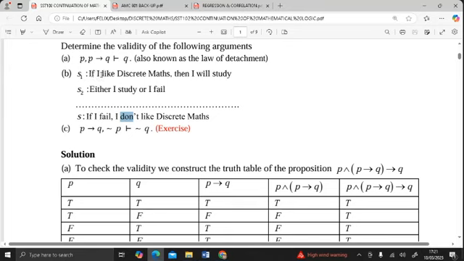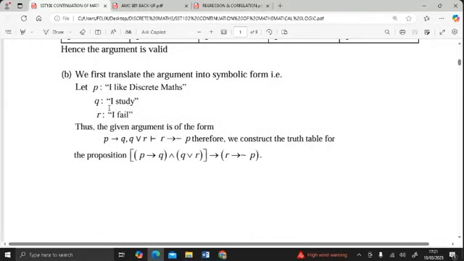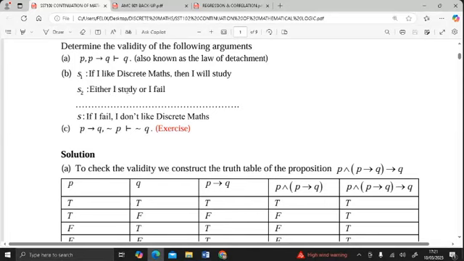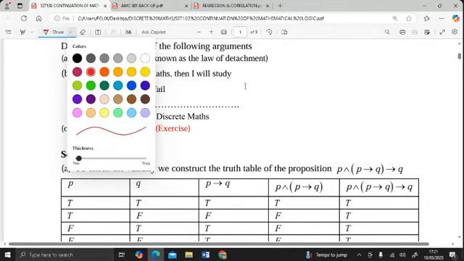And now going back to this statement here, we see that this is an implication. If I like discrete maths, then I will study. So I like discrete maths is P, implication, I study, Q. P implication Q, and that is exactly what we have here. Look at this. When we have either I study or I fail, or is a disjunction.